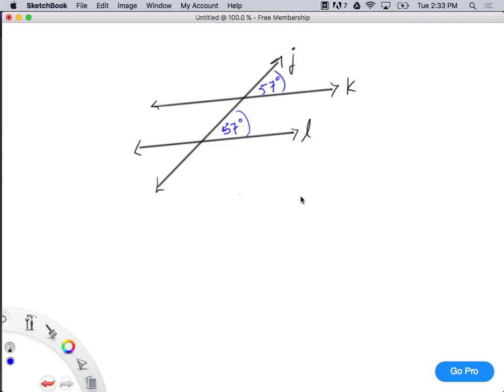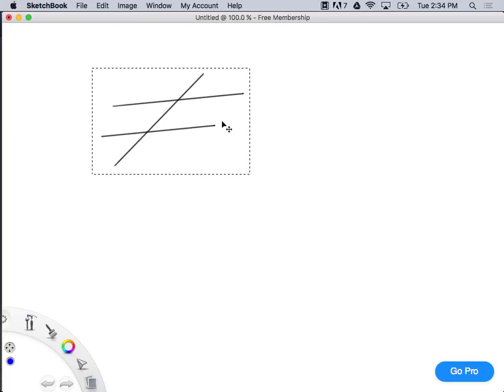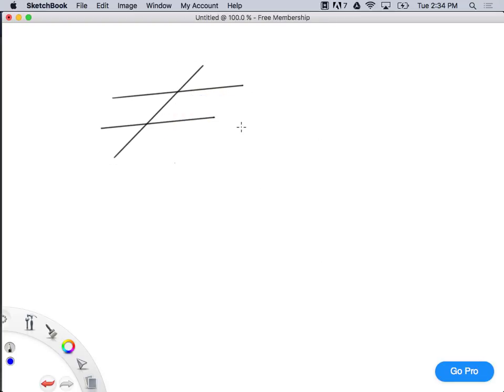Now, let's do the next one. Alternate interior angles. This is angle 1, and this is angle 2.